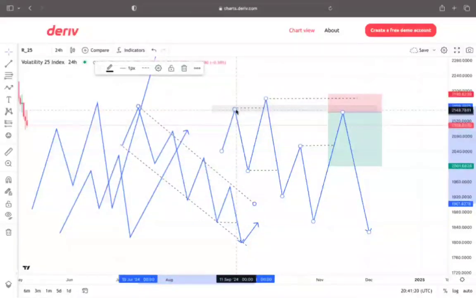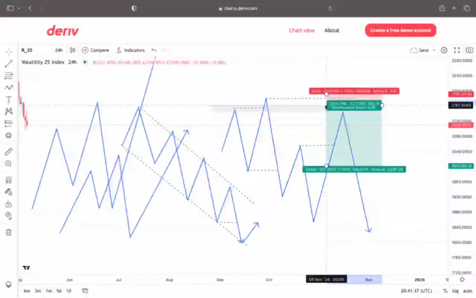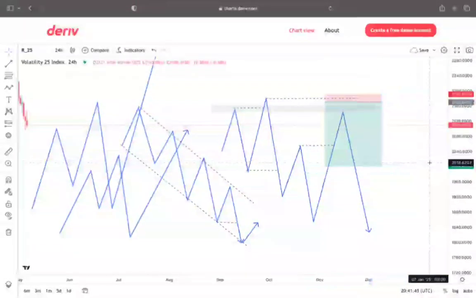But the risk of confirmation is that you might suffer from snubbed entry most times. But it is reliable other than just entering one time, and it increases your risk to reward. You might get a confirmation around here or here. Now, instead of this being 1 to 3, it is 1 to 8. So that's it.